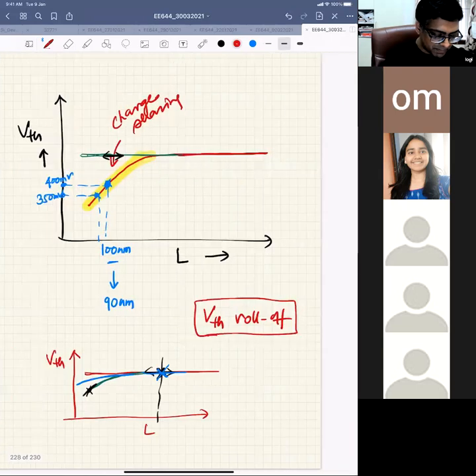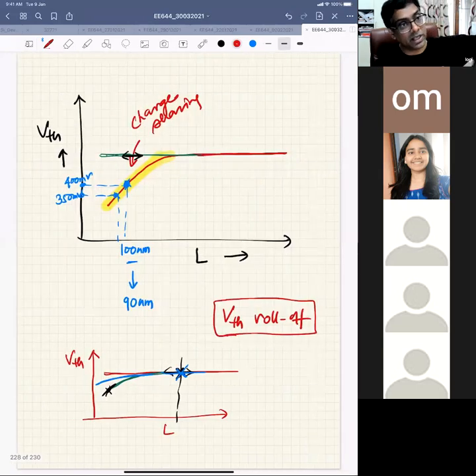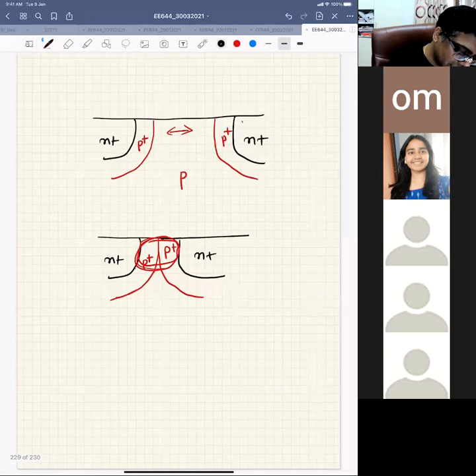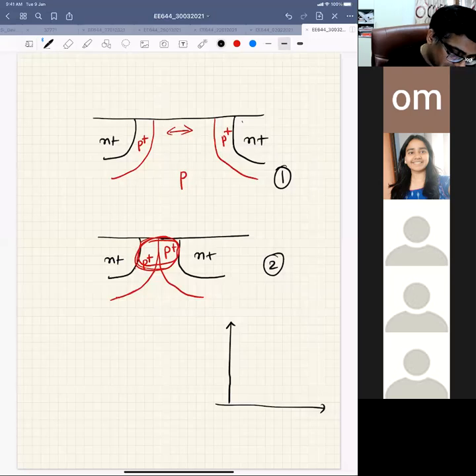That's the reason this preferentially increases the VT only in the shorter gate length transistors, and it avoids the roll off. So let's say this is case 1, this is case 2. You had a roll off.